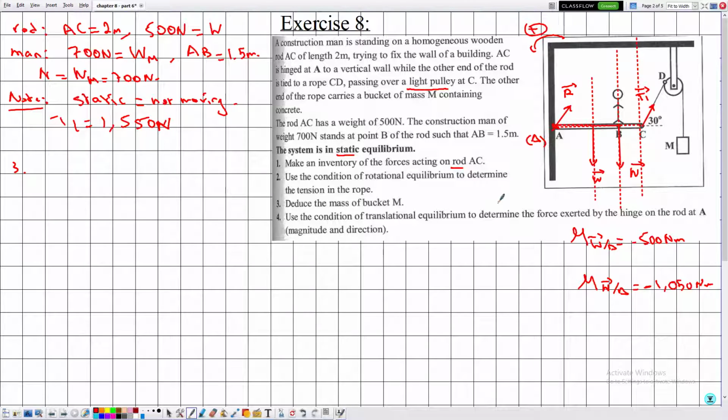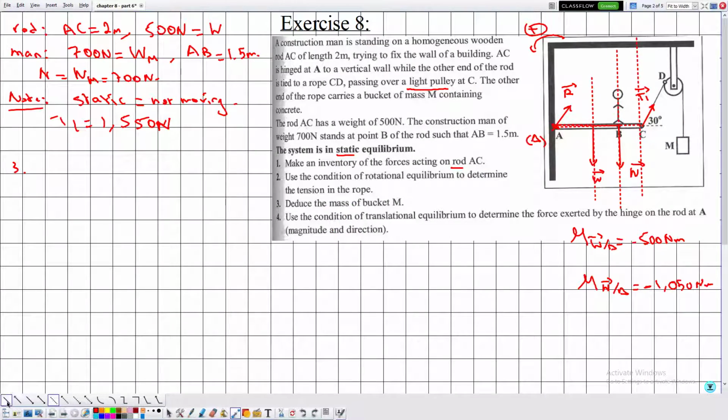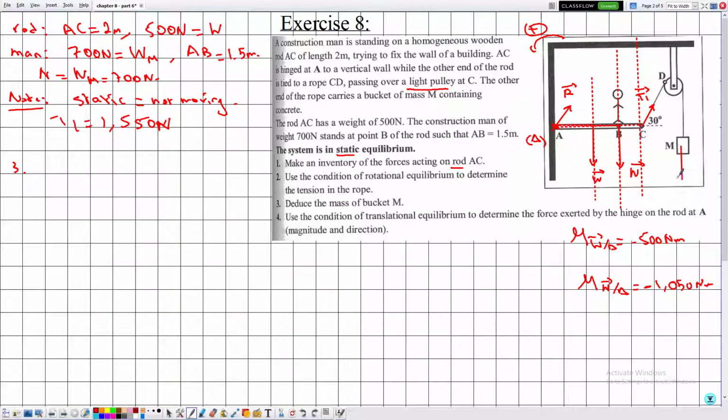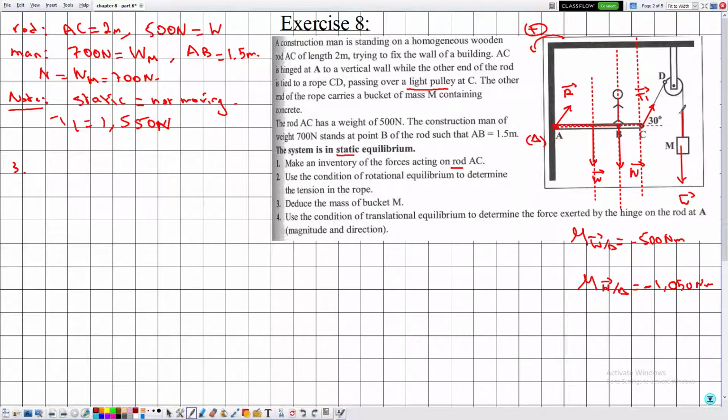So now we need to consider the forces acting on the bucket, because we need to deduce the mass. We have the weight, which is acting vertically downward like this, and we have the tension here. So let's say that this is T1 prime. So at equilibrium, we have that W plus tension T1 prime is equal to 0 vector, which means W is equal to minus T1 prime vector.